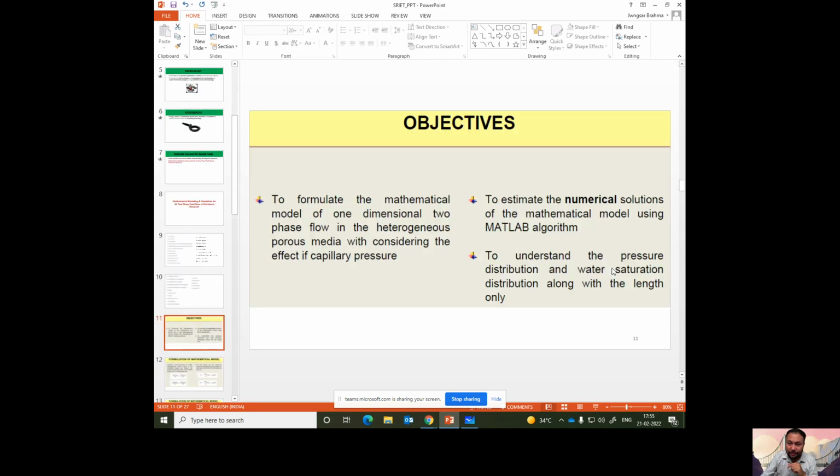Now come up in my slide here. What was the objective? The objective was to formulate the mathematical model of one-dimensional two-phase flow in heterogeneous porous media, considering the effect of capillary pressure. It means our objective was to develop a mathematical model, which is a partial differential equation.